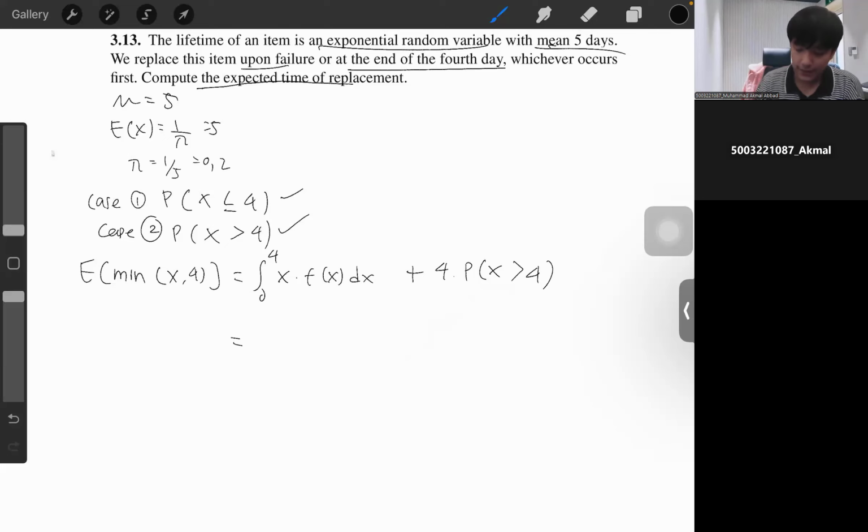So we can calculate this. We know that the density of the exponential distribution is lambda times e to the power of minus lambda x. So we have lambda 0.2, so 0.2 times exponential of minus 0.2x.